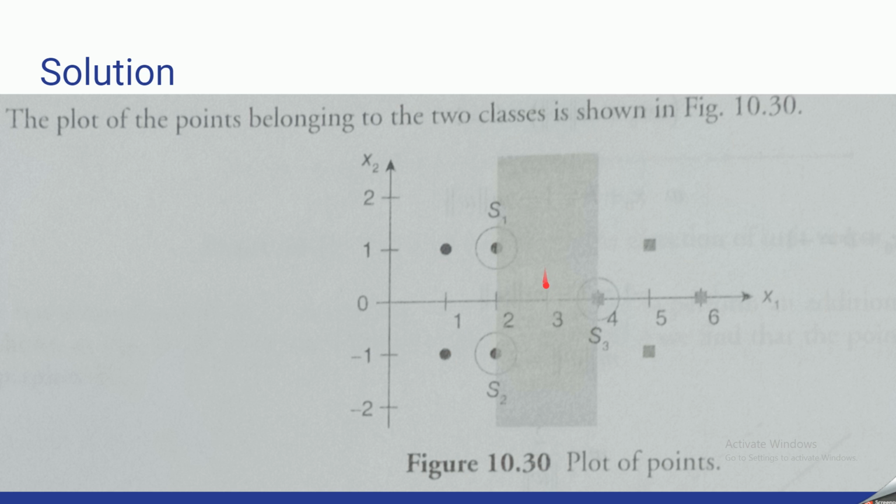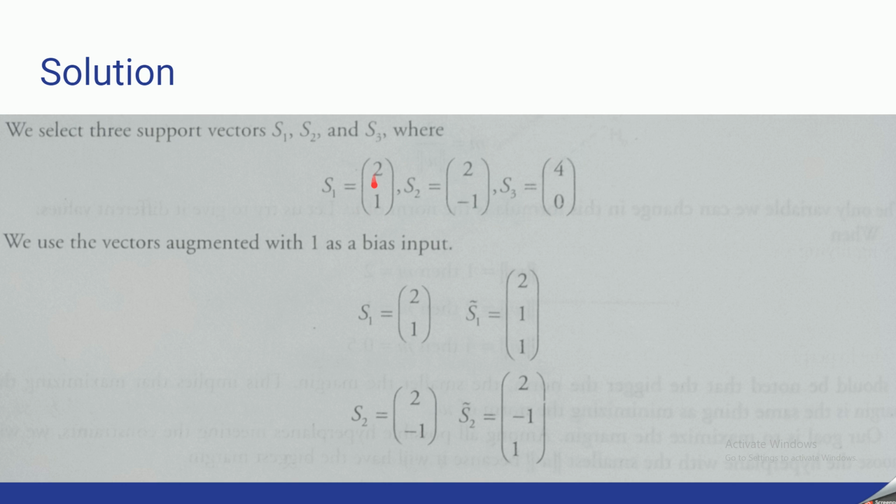As we all know, these support vectors which are nearest to the hyperplane help us in calculating the margin space. So we consider only these 3 points, S1, S2 and S3. The value of S1 is (2,1), S2 is (2,-1), and S3 is (4,0).